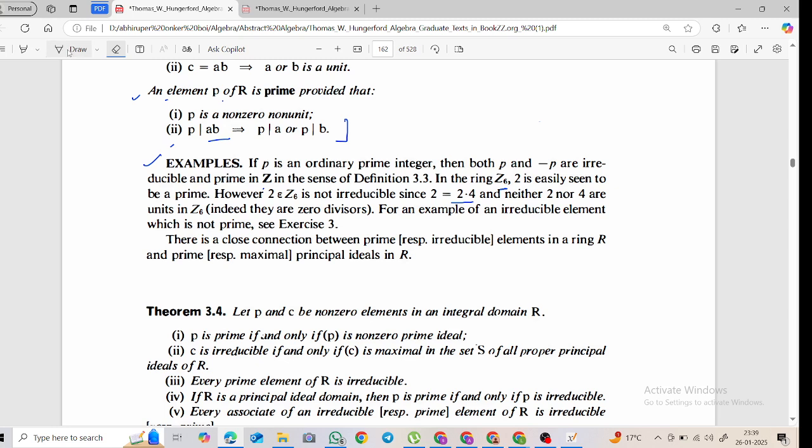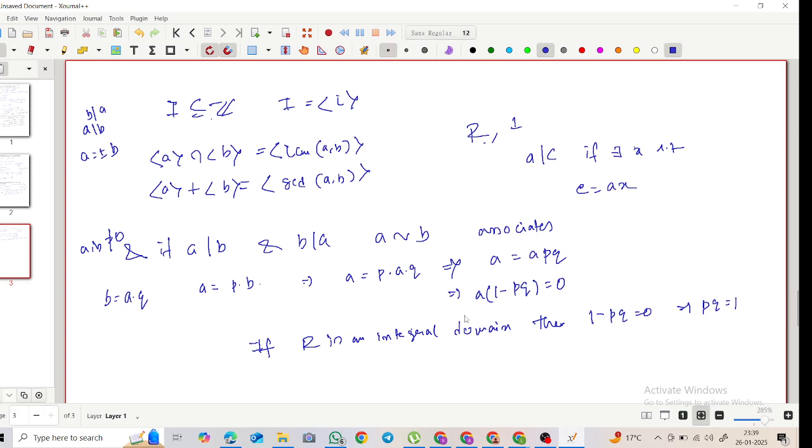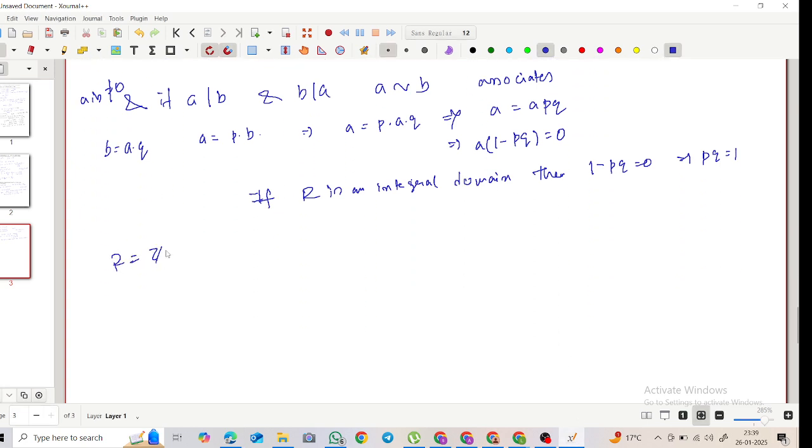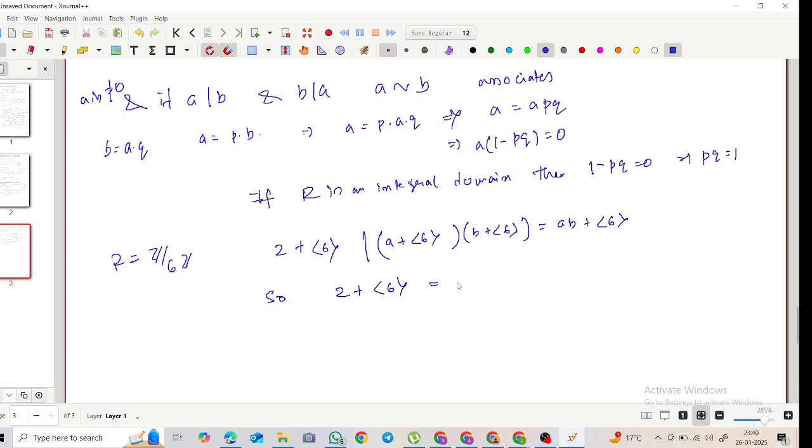Let's see why 2 is prime. So suppose R is Z mod 6Z and 2 plus 6Z divides (A plus 6Z)(B plus 6Z), which is AB plus 6Z.